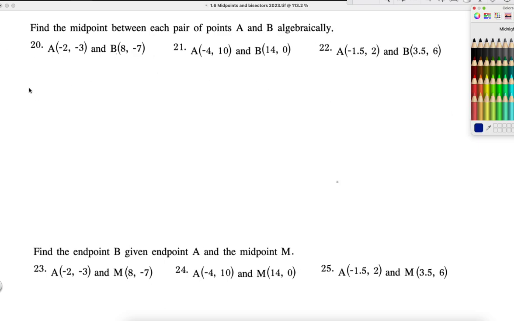Okay, so find the midpoints between each pair. So I've got my midpoint formula.